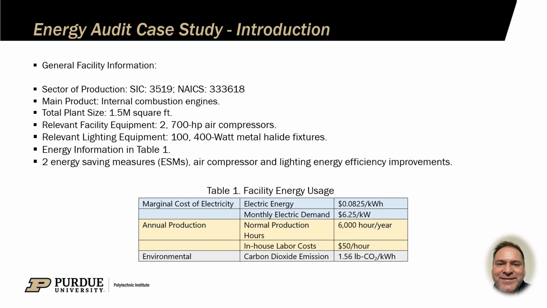As far as energy saving measures are concerned, there are two: we can look at the air compressor and the energy involved there, and also lighting, to identify substantial energy efficiency improvements.